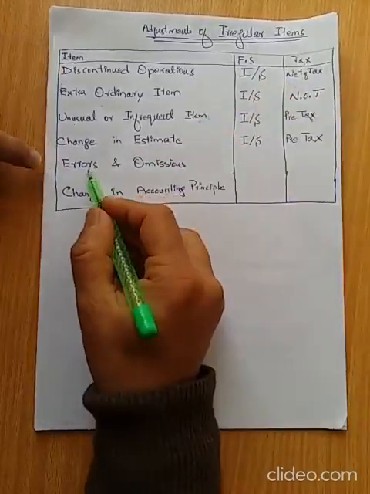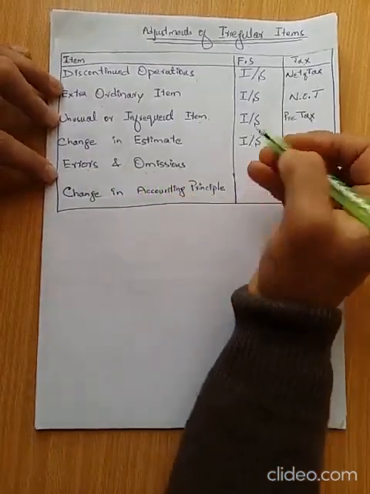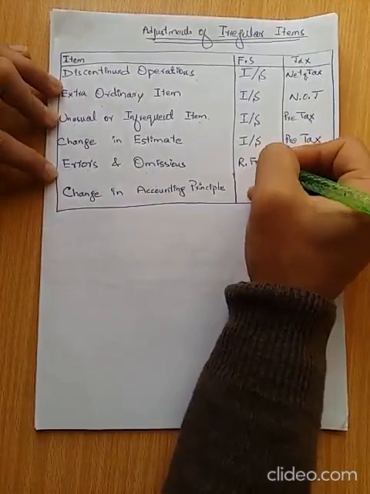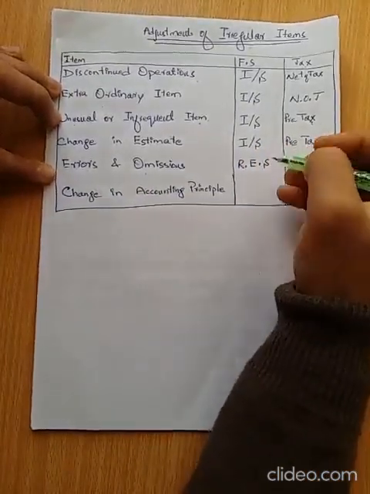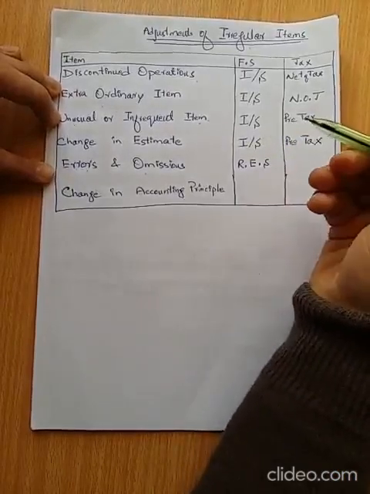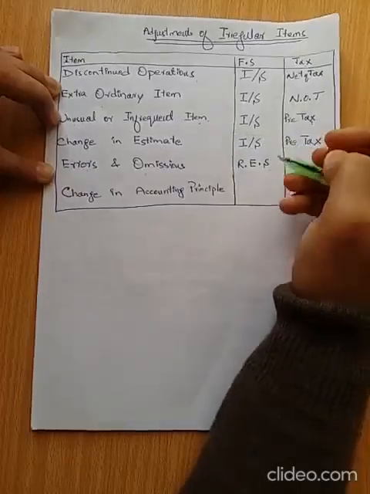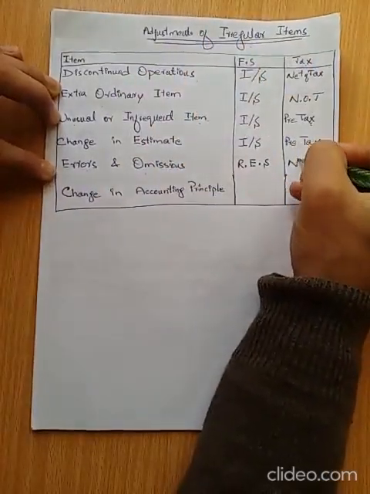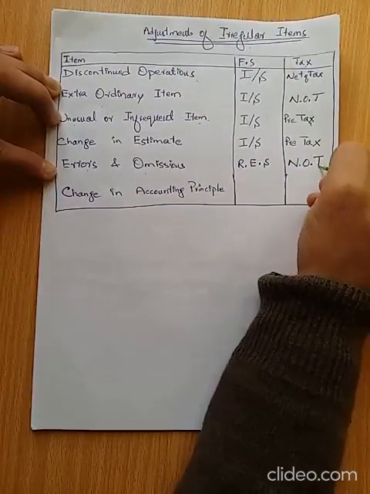The fifth one we have is errors and omissions. Error and omission items are adjusted in the retained earnings statement. We will learn what the retained earnings statement is, because we are going to have numericals on all of them, so I will be brief here. The tax consideration is net of tax, meaning after the subtraction of tax.